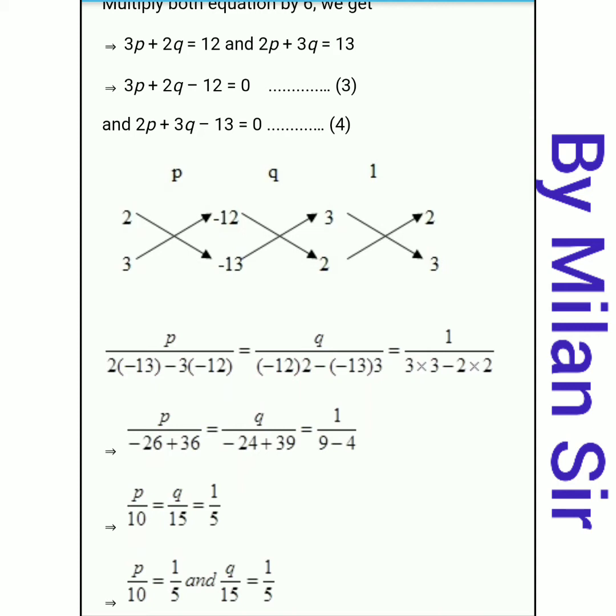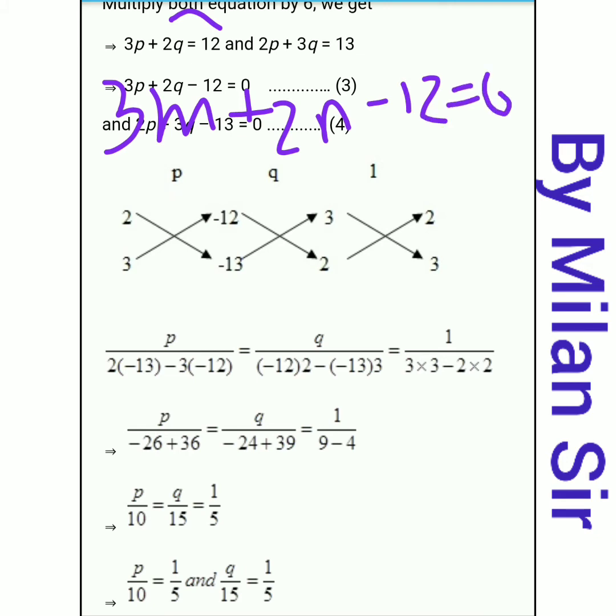So our first equation, sorry, we are going with m and n, right? So 3m plus 2n, and if we transfer 12 to the left hand side, it becomes minus 12 is equal to 0.